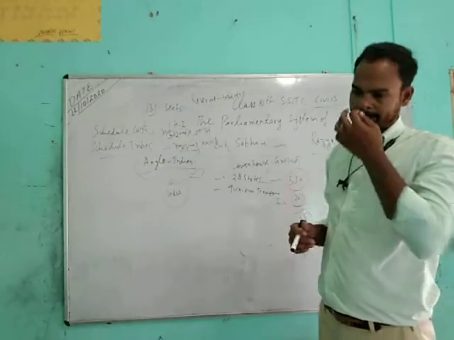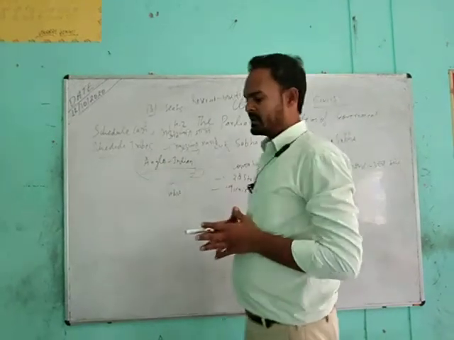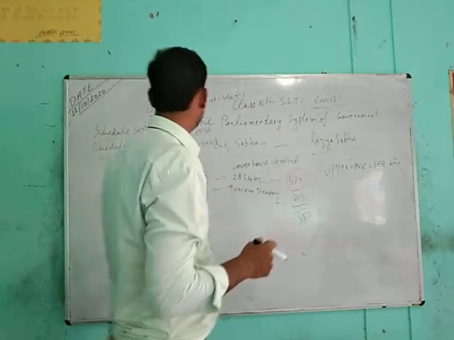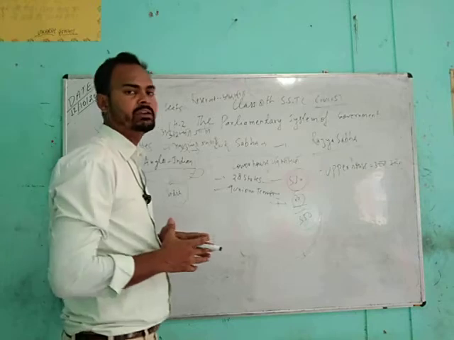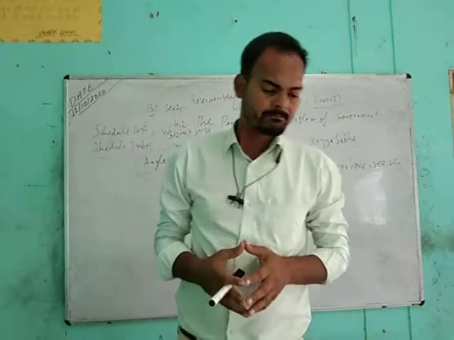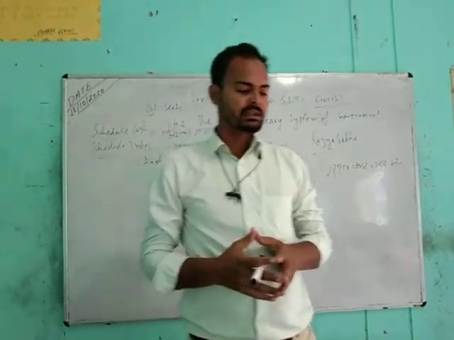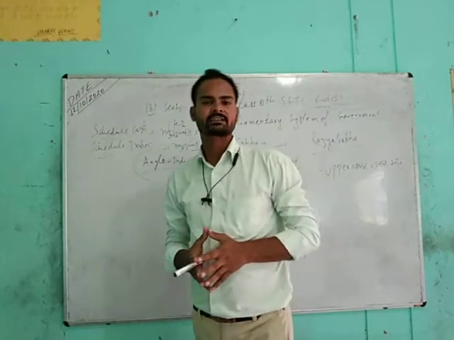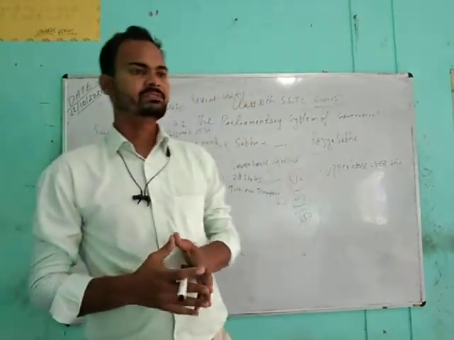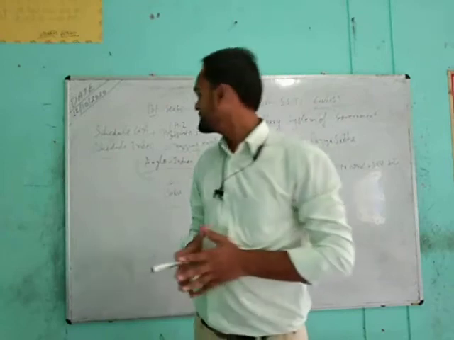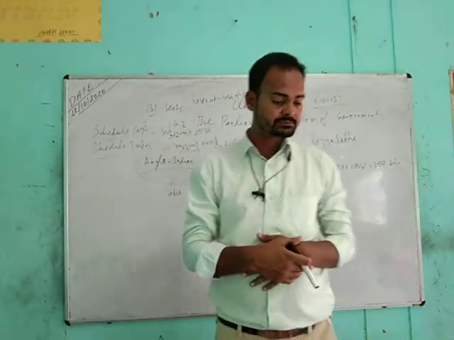So students, these scheduled castes and scheduled tribes have been empowered in our Lok Sabha, and 131 seats are reserved for these 2 tribes and these 2 castes, SC and ST, scheduled caste and scheduled tribes.